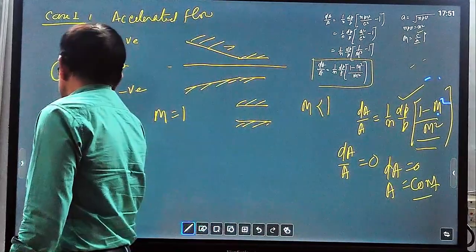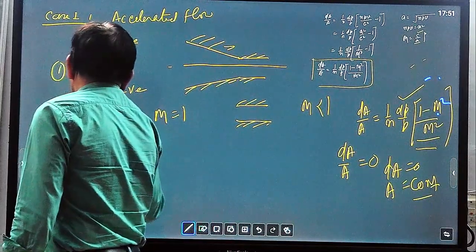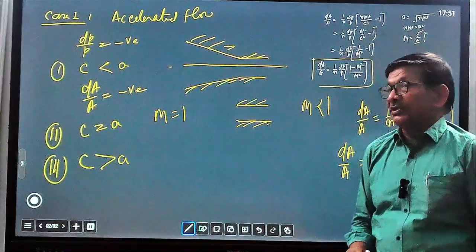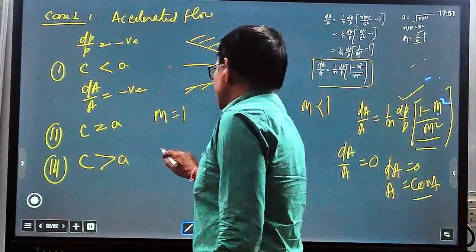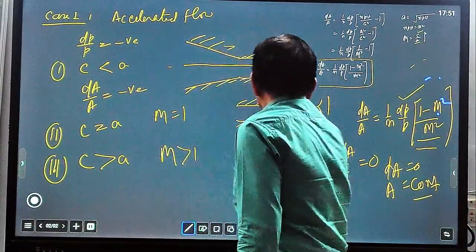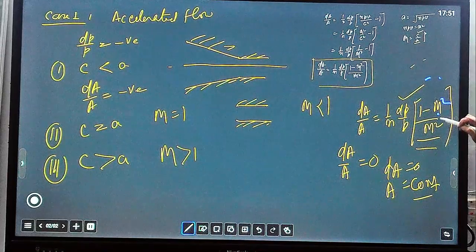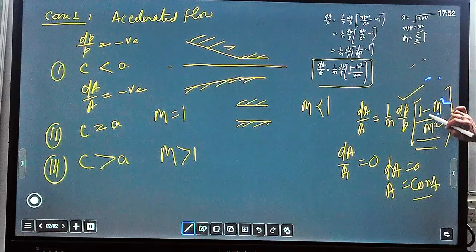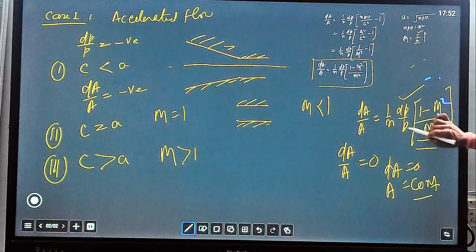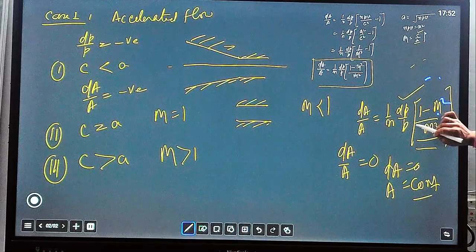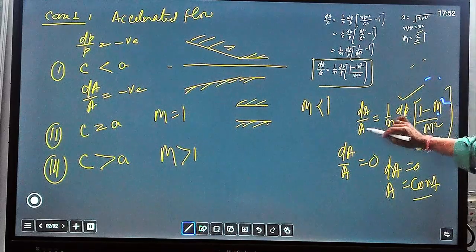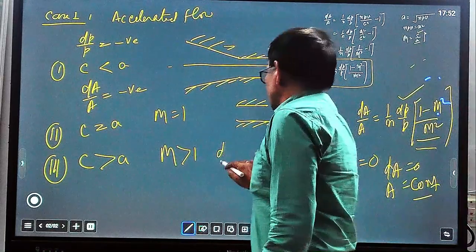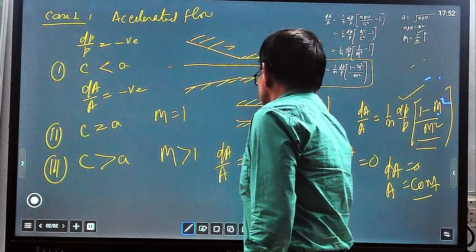Third case, C greater than A, means velocity of steam is greater than velocity of sound. So M becomes greater than 1, and in this equation, when M becomes greater than 1, the whole value in the bracket becomes negative, and dP by P is already negative, so negative becomes positive. So now dA by A becomes positive.